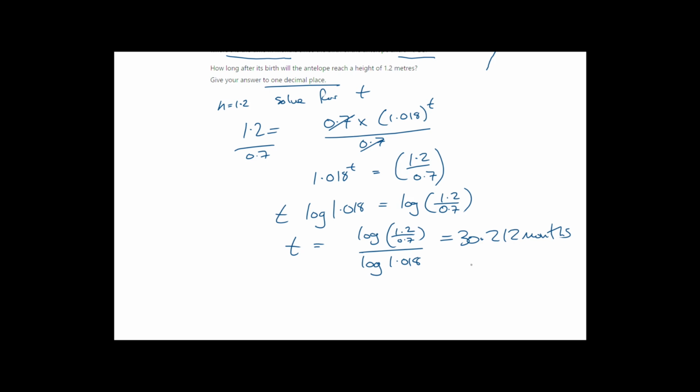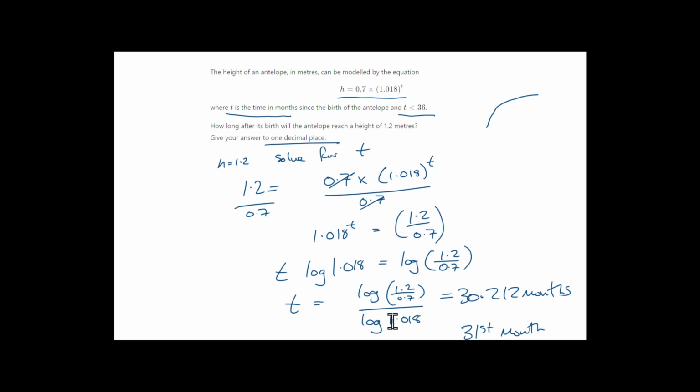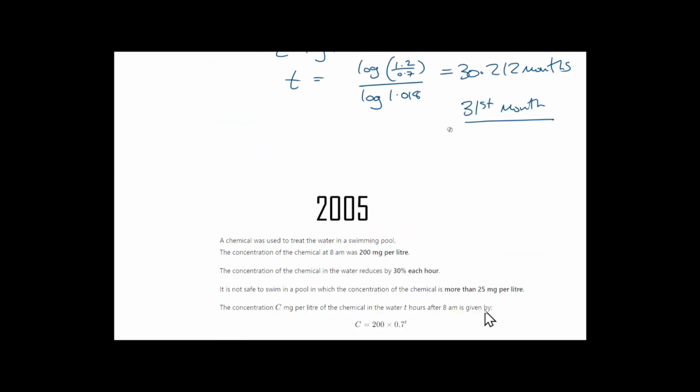So during the 31st month. Seemed oddly easy. So t is less than 36, so our model holds. Okay, well, let's just move on.